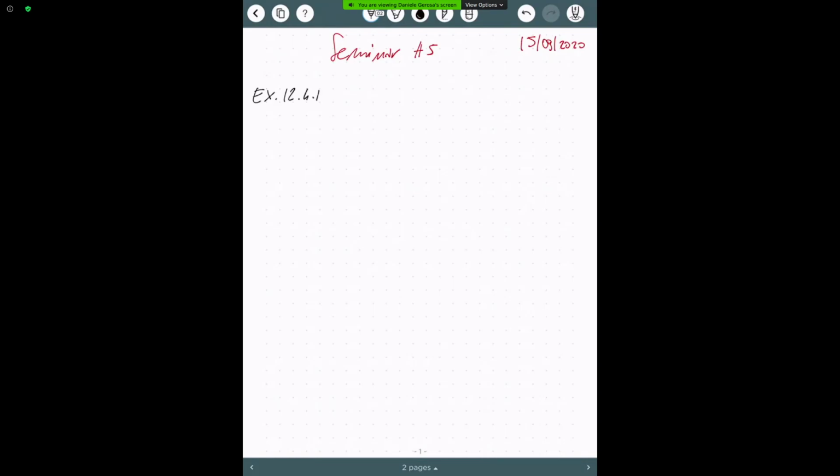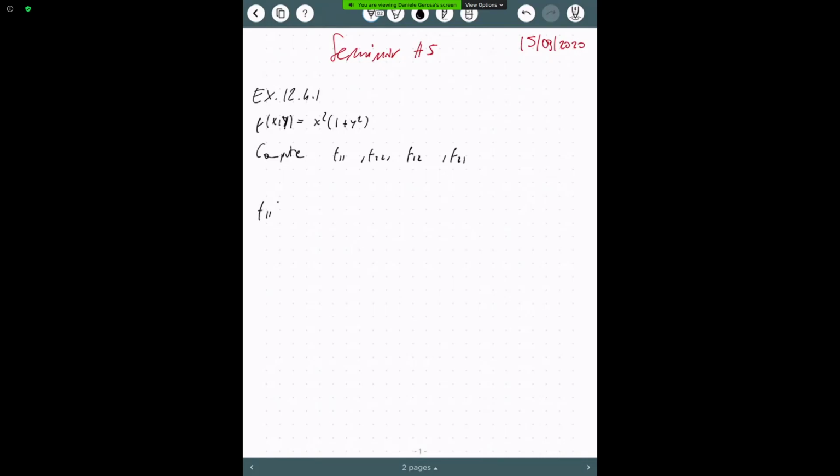Here we just want to compute all the partial derivatives of second order of the given function. We have this function f of x, y equal to x squared times 1 plus y squared, and we want to compute what the book calls f11, f22, f12, and f21.